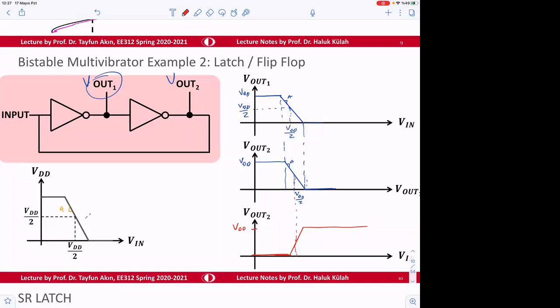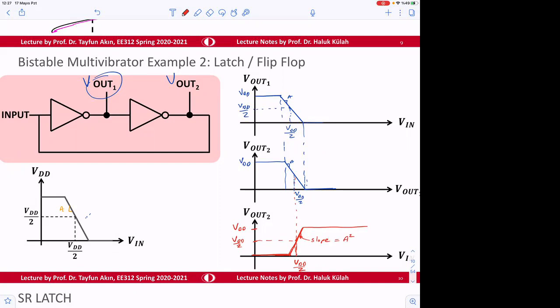So this point is again VDD divided by 2. So if they are not connected, this would be our response. And this would be VDD divided by 2. And the gain here, the slope, would be equal to A square.